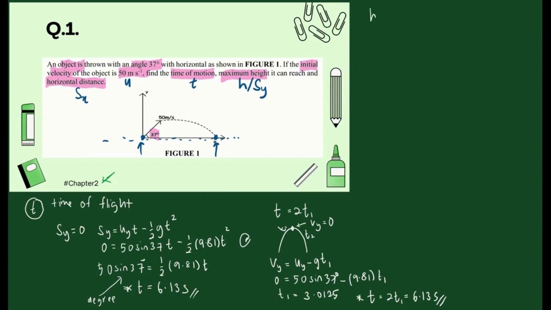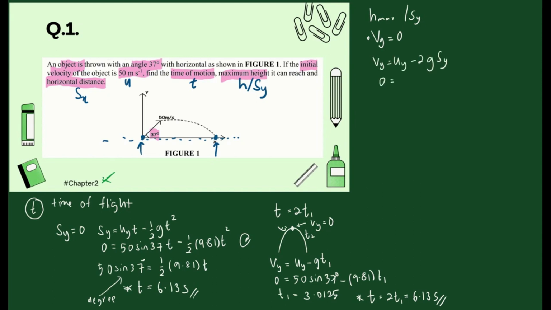Next, to find the maximum height, the symbol is SY. Again we apply the information that at maximum height our Vy is equal to 0. Then we apply the equation Vy squared is equal to Uy squared minus 2 G SY.